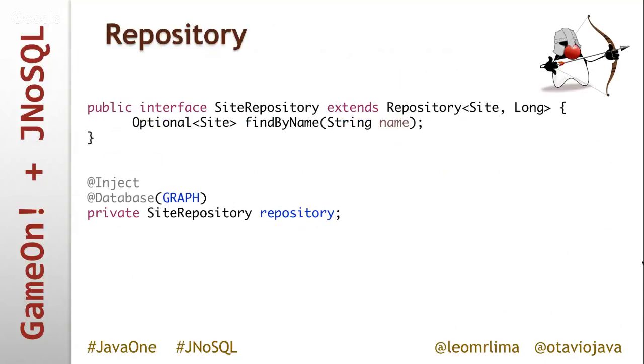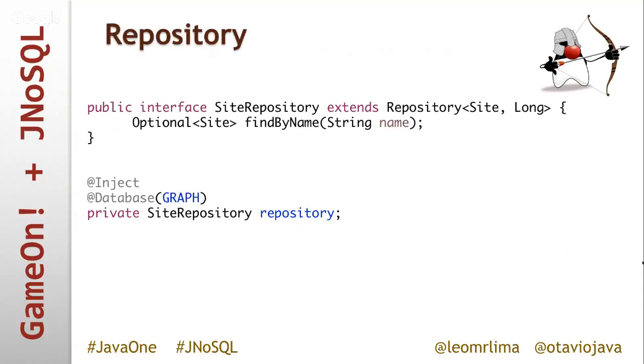And for the repository, it's the same idea. You can just define an interface where your repository, for example, is a site and long is the key. And you can have a method find by name, and automatically it will interpret this, and you don't even have to implement the site repository implementation like you used to have on JPA, right?